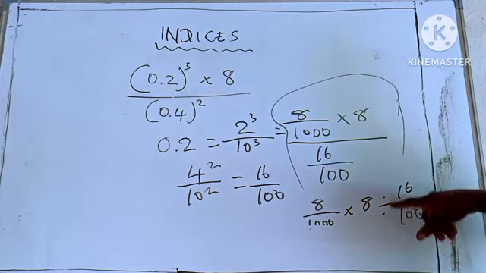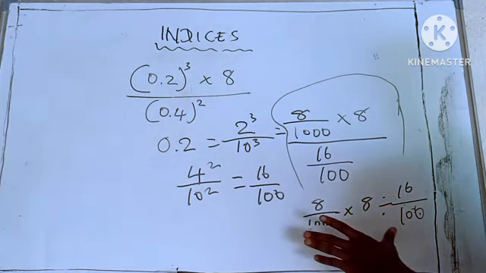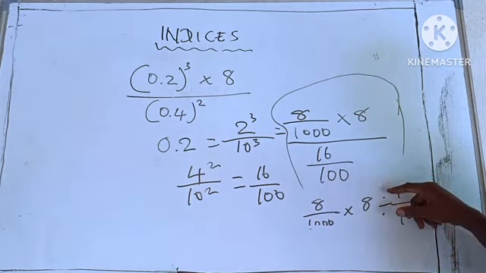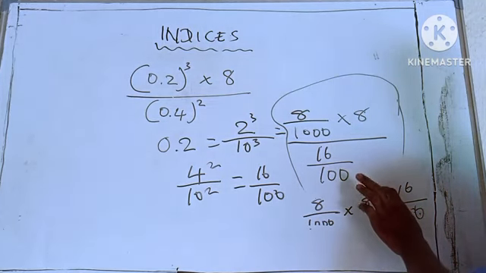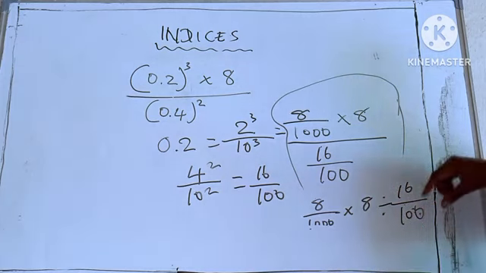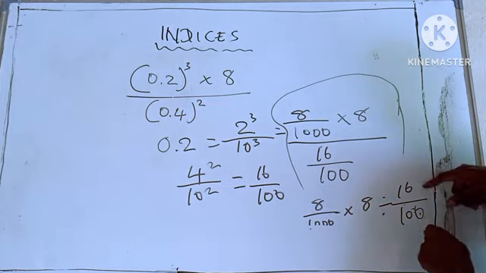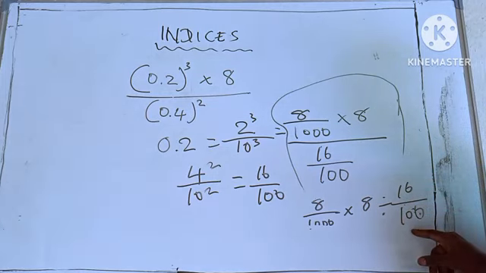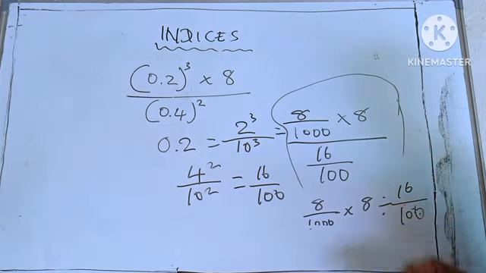Now look at this middle. This one is a division sign. So before we continue with the solving, we have to convert this division sign to multiplication. For you to convert from division to multiplication, just exchange these numbers by bringing the numerator downward and moving the denominator upward, then this sign will change to multiplication.